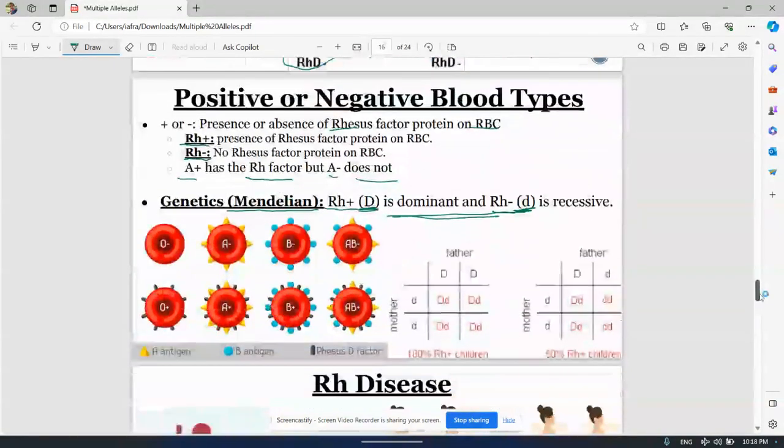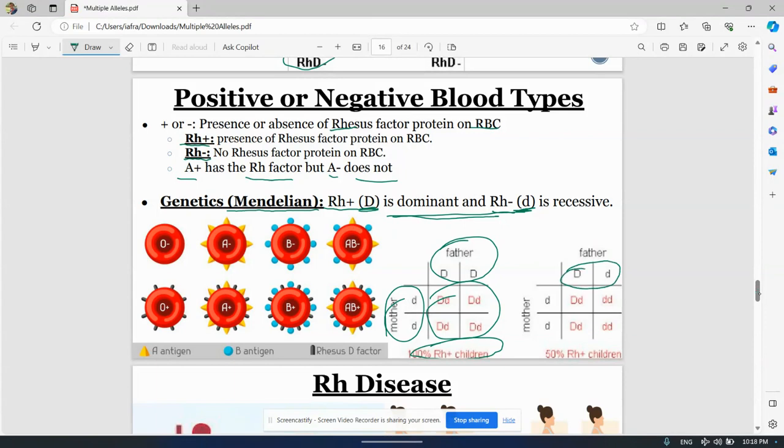If you look here, you can see we have an Rh plus homozygous father and an Rh minus homozygous mother, and they make 100% Rh plus children. Over here we have a cross between a heterozygous Rh plus father and a homozygous Rh minus mother, and you can see some of the children will be Rh minus, and some will be Rh plus.